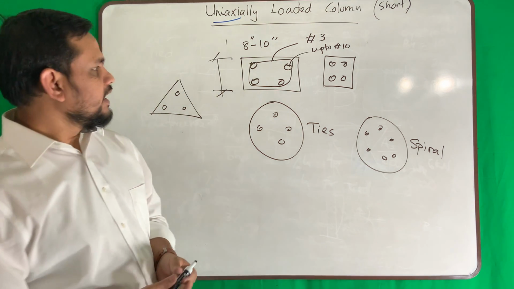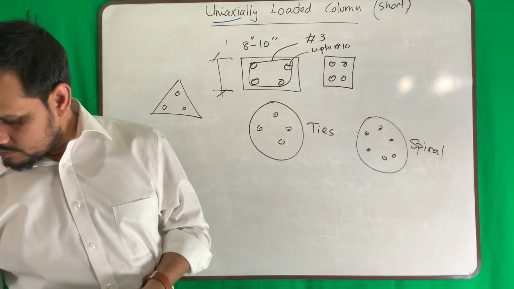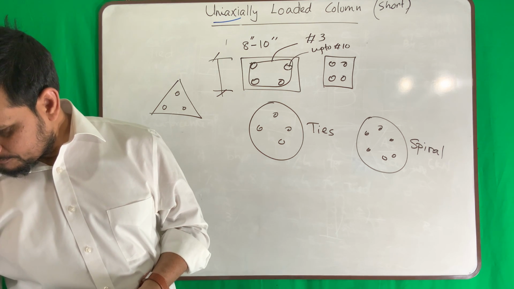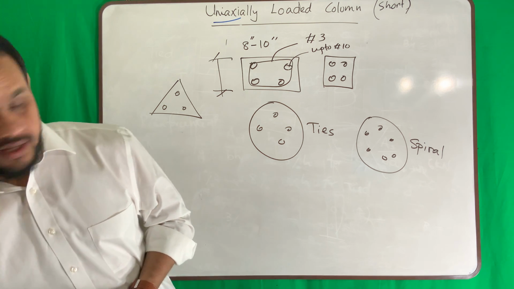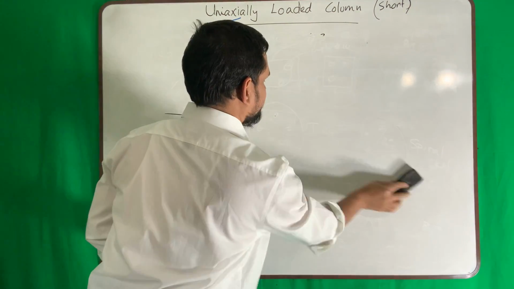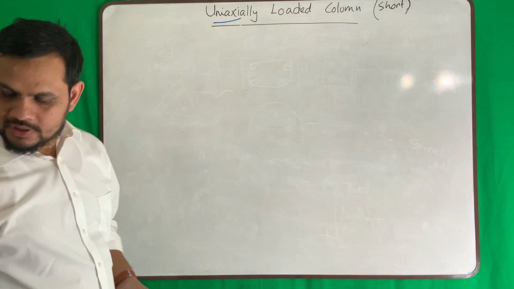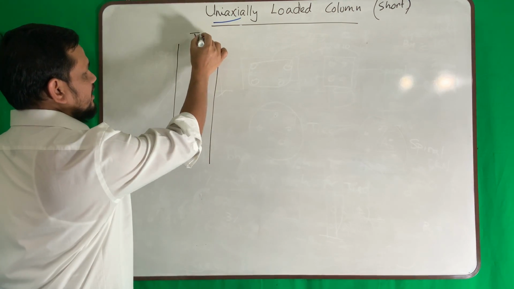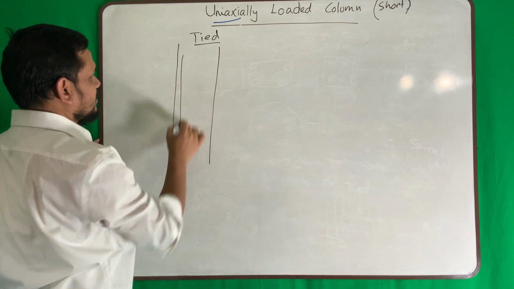Okay, next is spacing. So for tie, this is again a tied column.